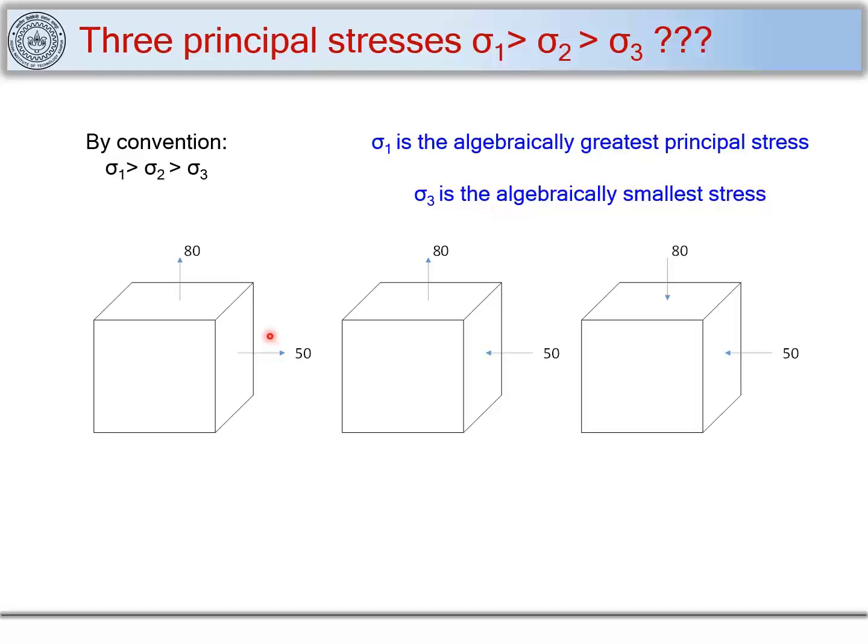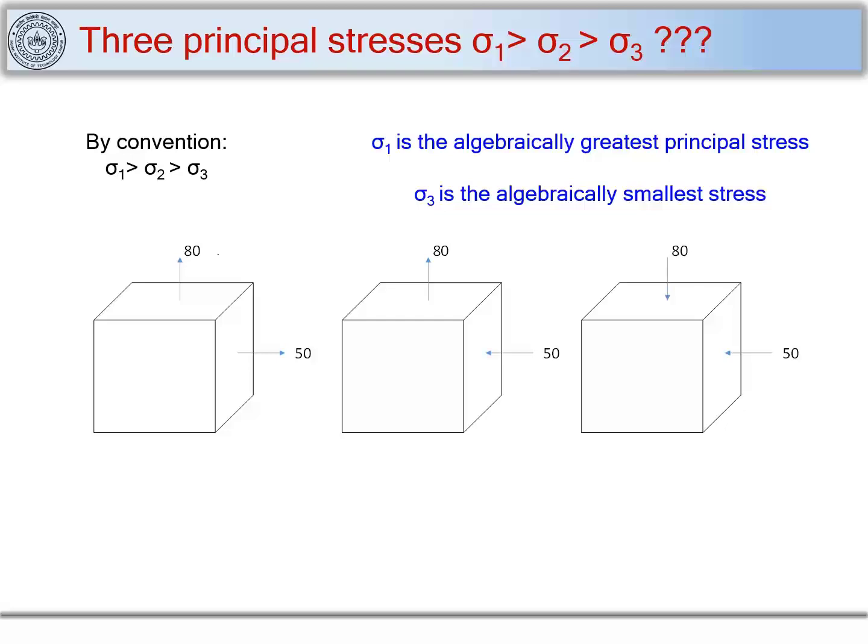So I have three conditions which I have mentioned over here. In the first condition, both are tensile in nature. In the second condition, one is tensile, another is compressive, and in the third condition, both are compressive. So let me write it down.